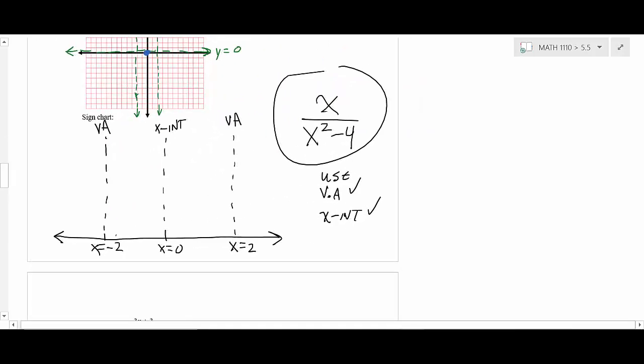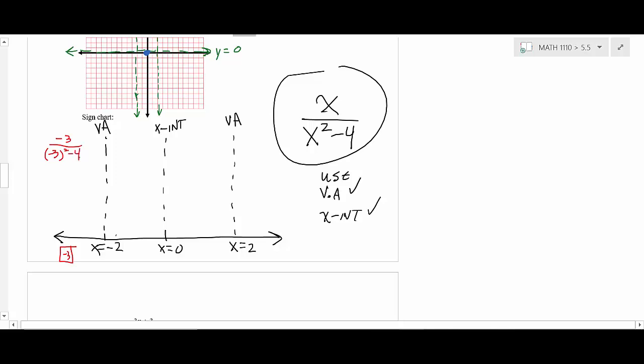For your sign chart, you plug into your function and figure out if it's above or below the x-axis. So let's use test points. Out here, let's use negative 3. Plug negative 3 into your function: negative 3 over negative 3 squared minus 4.